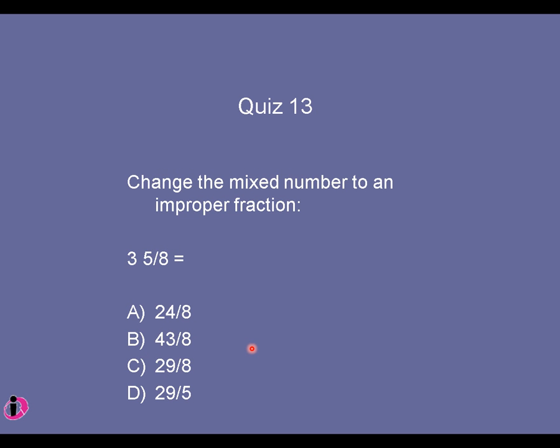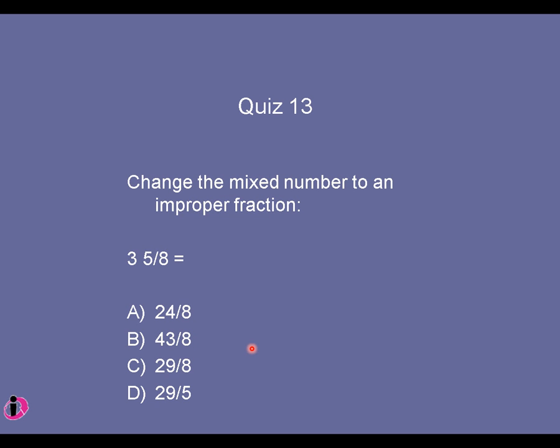This is a mixed number, right? Can we convert it to an improper fraction? We multiply what? Whole number times denominator, right? Plus numerator. So 3 times 8 is what? 24.